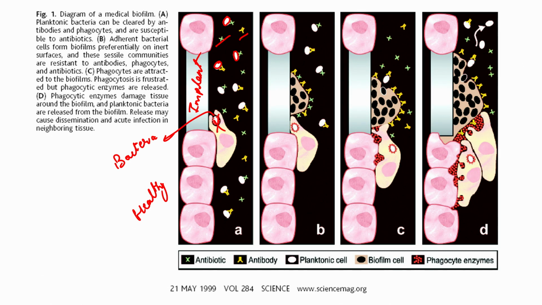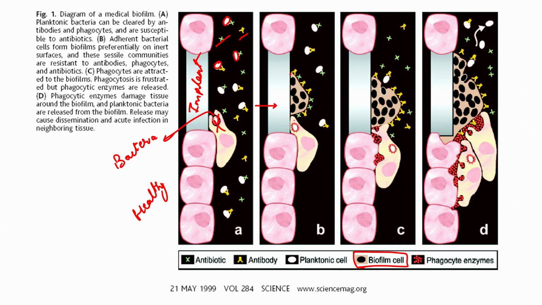However, once this bacteria starts to colonize and rapidly form a biofilm, so now you have this biofilm being formed, here is your biofilm cell. Now that this biofilm is being formed, it is too big for this immune cell to take up. It can take up one or two bacteria, but it can't take up a whole community which could be even bigger than the size of the cell.